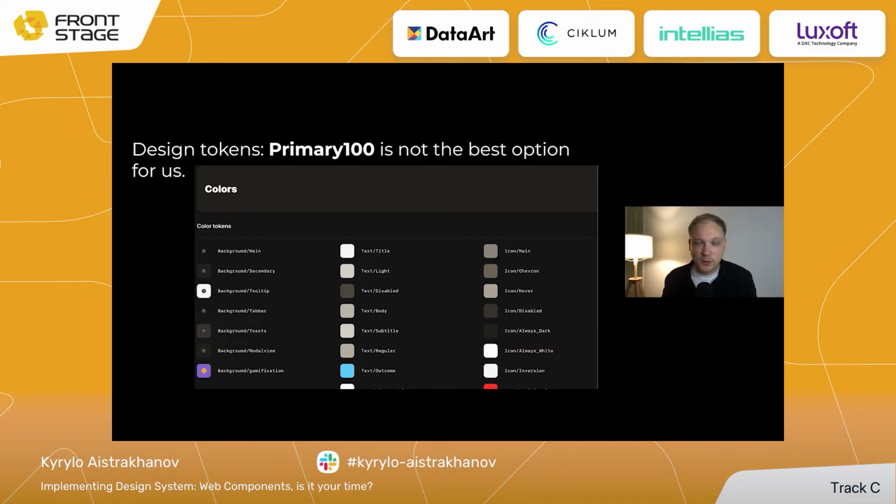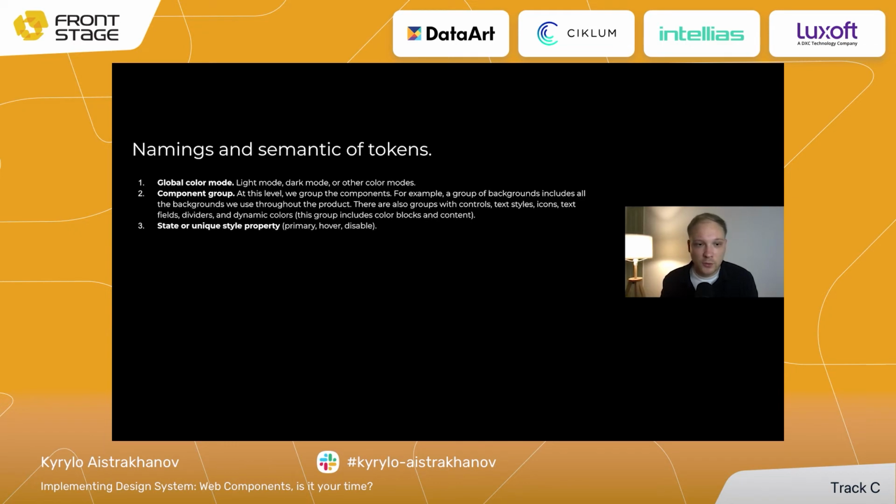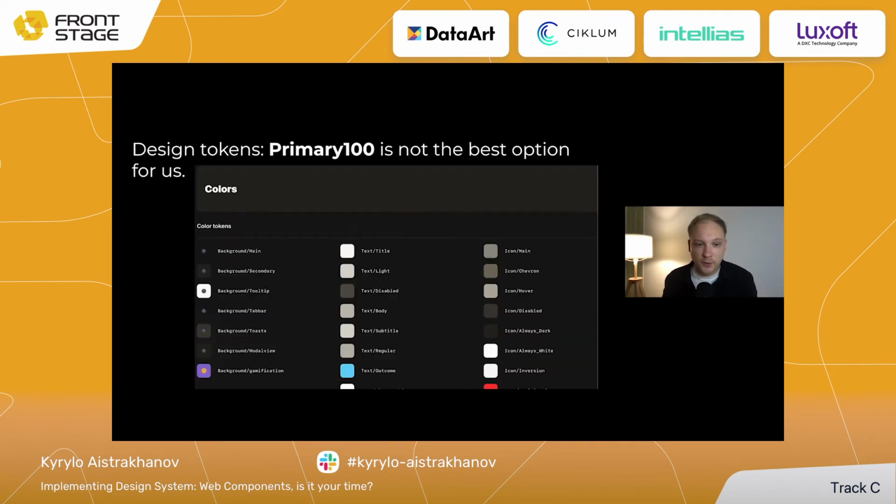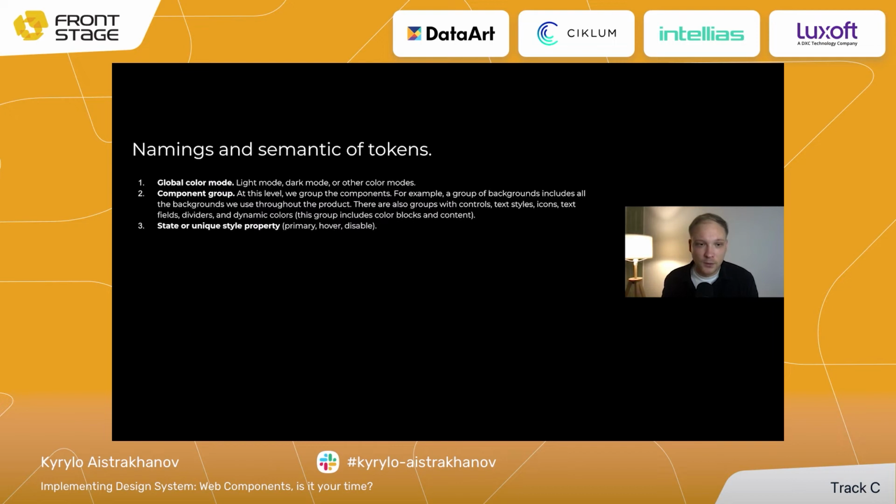So it's quite hard to figure out where it will change. When you use namings and semantics of design tokens such as we do, you should clearly see where the design changes will be applied. So, more about the semantics.